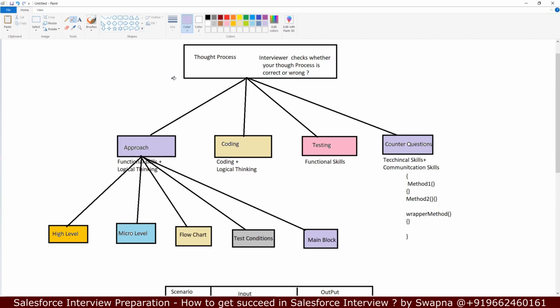They might ask different counter questions, like technical questions related to the scenarios, task, business requirement, assignment, questions on the thought process and approach, questions on the coding and the testing.